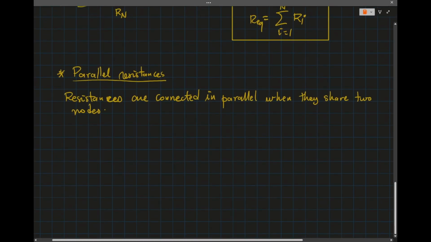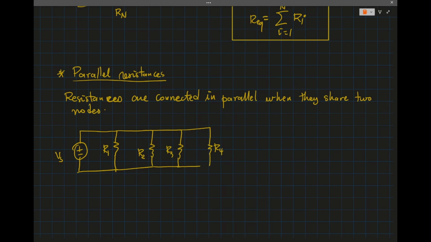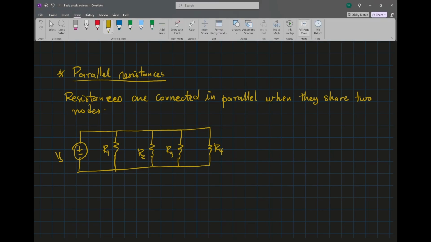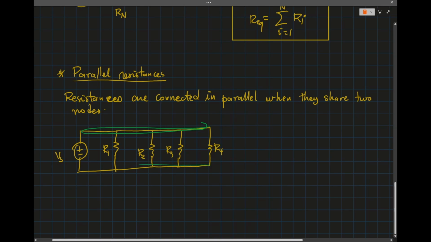So let me explain. Let's say that I have this voltage source Vs, and let's say that I have R1, R2, and R3. Let's say this is R4. This is a node and this is a node.